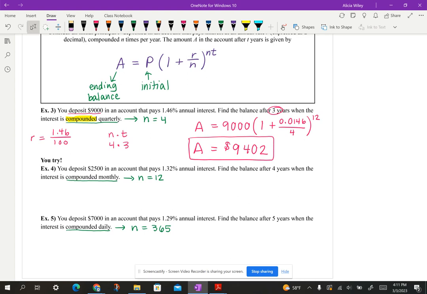So now you can take the time to do the other two problems. I will put the answers here so that you can check that you are doing it correctly. So if you try number 4, you should get A equals 9,066. And if you try number 5, you should get 7,466.